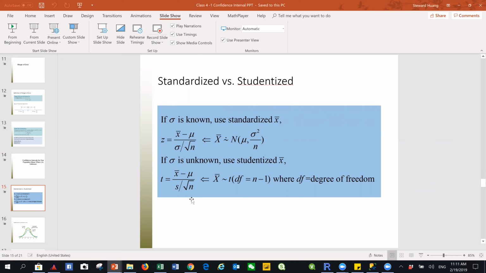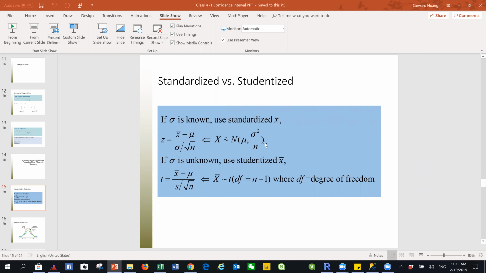But a regular normal distribution has mu as center, and sigma squared over n is the variance, and of course sigma over square root n is the population standard deviation. We call it the population standard error, because this is a sampling distribution of the sample mean.